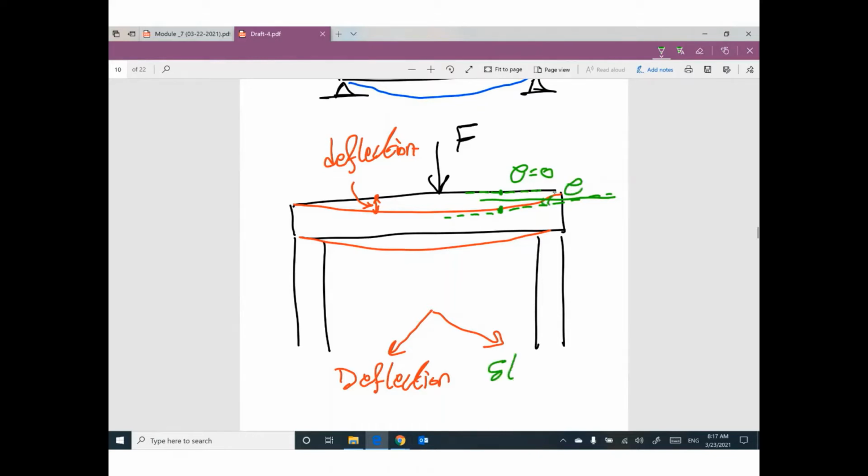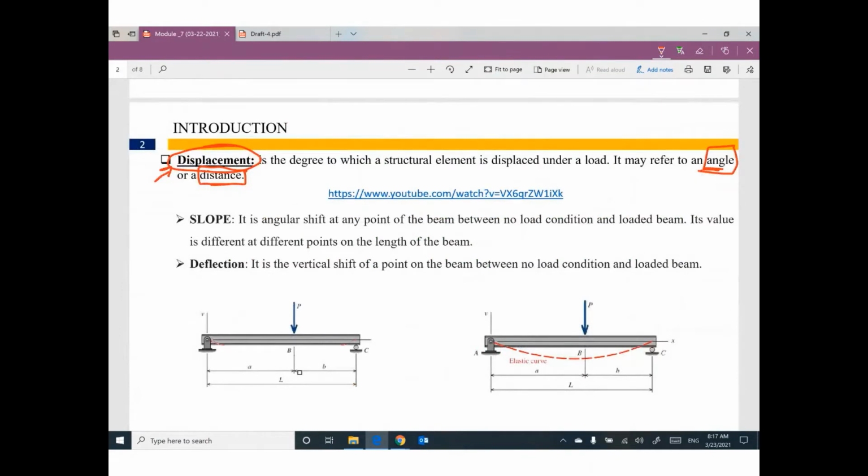So we have a slope or angle theta. So displacement can be divided into movement, which is called the deflection, and the slope, which is called rotation, theta.